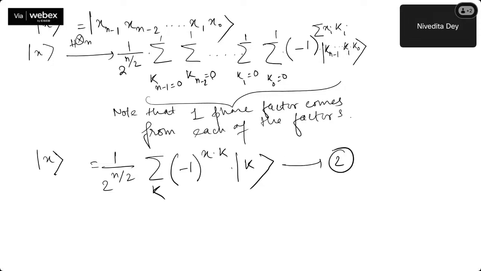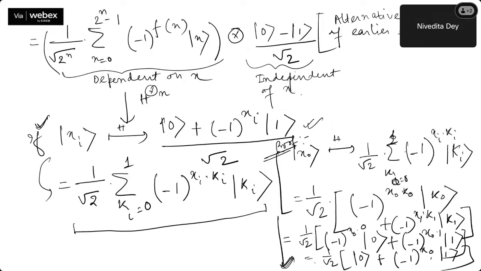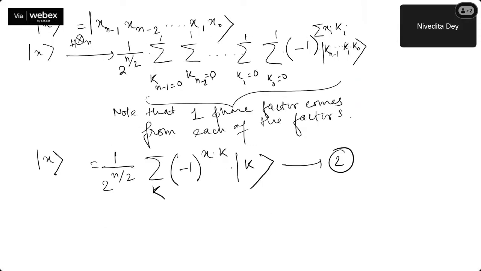Say this is your equation number 2, and this particular one was your equation number 1. Which one? It's this one. Let me just mark it. This is your equation number 1, and this one is your equation number 2.